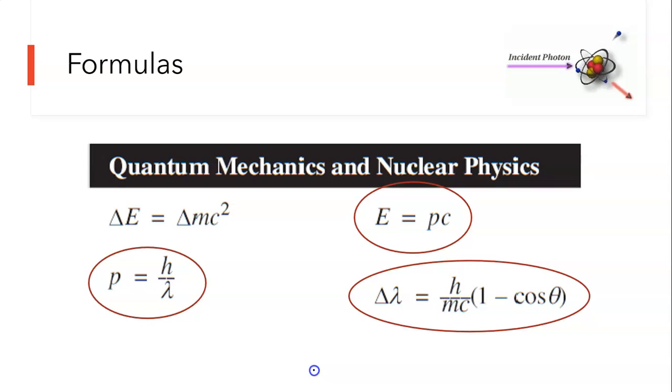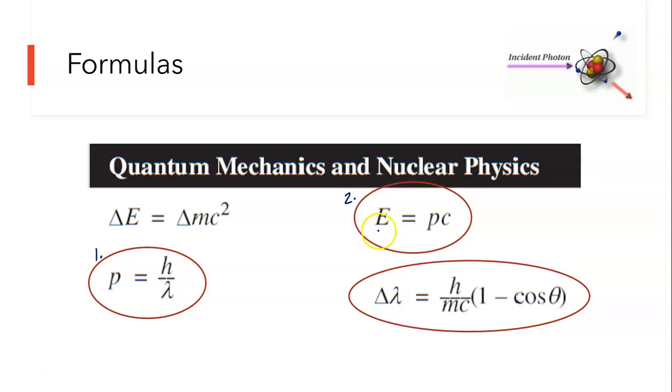We've got three formulas that deal specifically with this idea of the momentum of a photon. First one here, momentum is equal to Planck's constant divided by the wavelength.